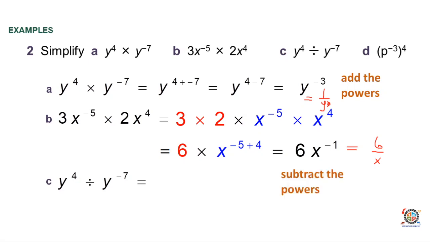It will lead you to y to the power of 4 minus negative 7. And it will become y to the power of 4 plus 7. Okay? Y to the power of 4 plus 7, meaning it will become y to the power of 11.